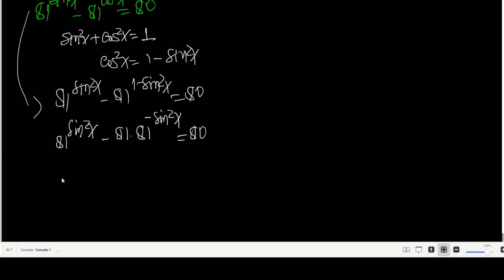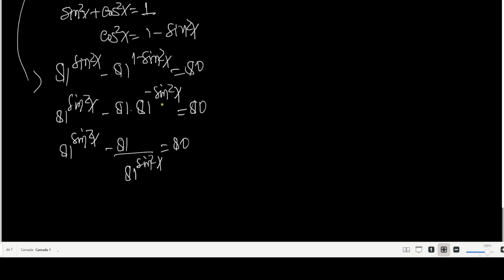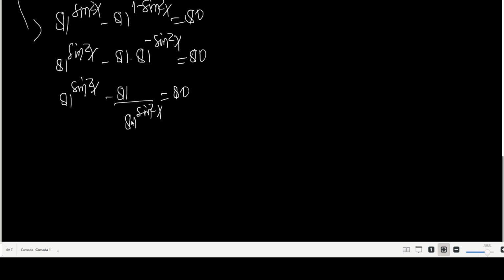So now this is going to be 81 to sin square of x minus 81 divided by 81 to the power positive sin square of x, and this equals 80. This has to be different from 0, obviously, and we multiply this times this.